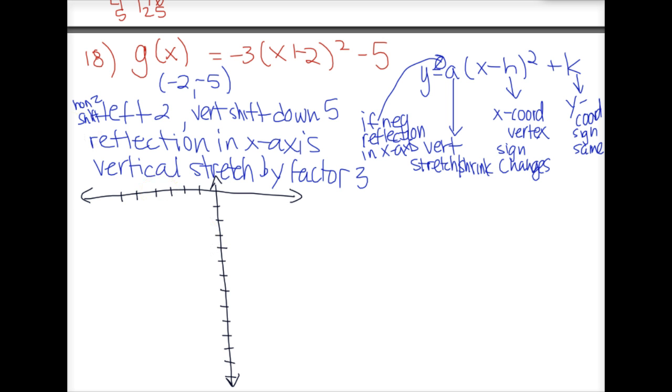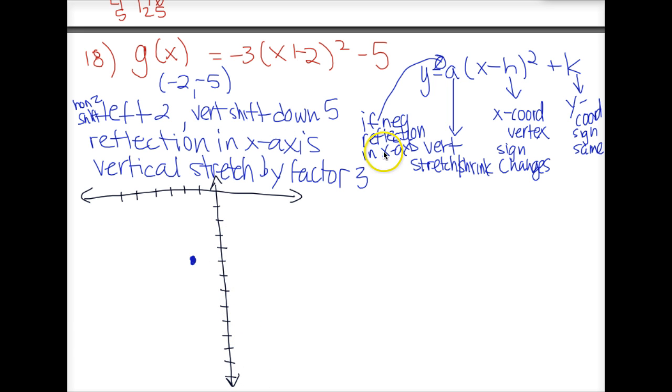When I'm drawing this, again, we already said where my vertex is. My vertex is at -2, -5. So I can plot that much. There's my vertex, -2, -5. Then I know because of the reflection that it's going to open down. So when I go to plot my other points, I need to do so in a downward direction.